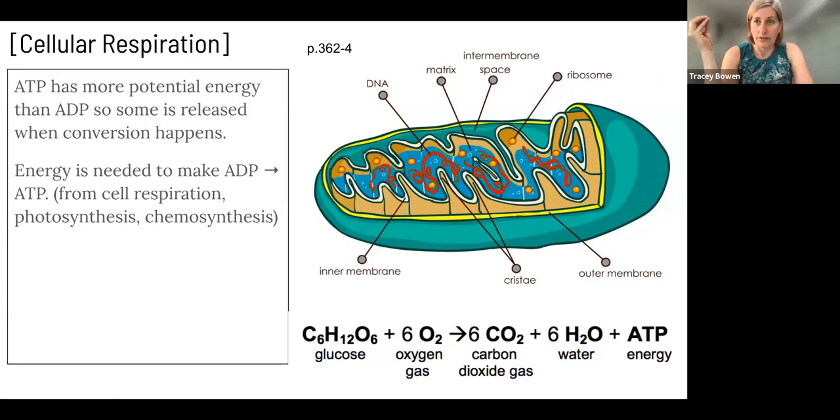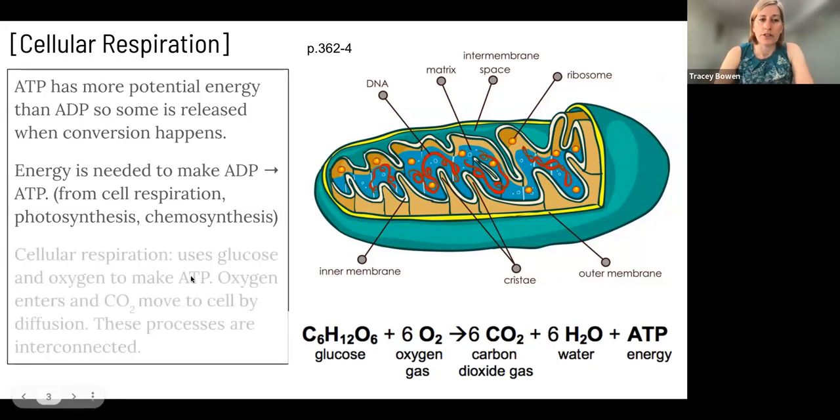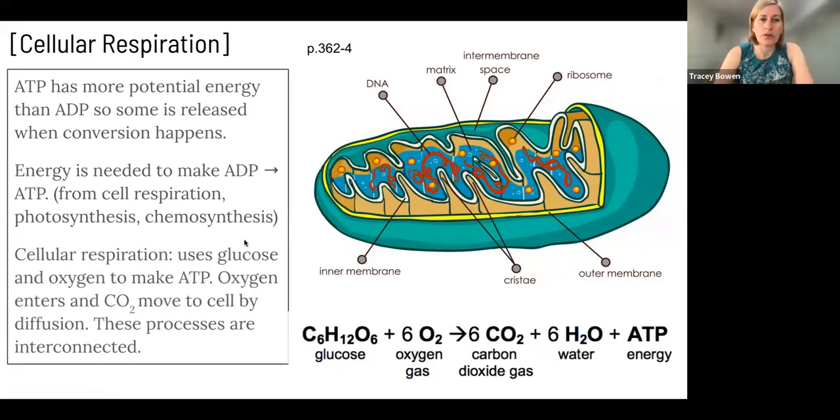Oxidation means pulling off that hydrogen ion. In the case of photosynthesis, they use water for that hydrogen ion. And in the case of chemosynthesis, which is right here, they're using sulfur compounds or chemical compounds for that hydrogen ion. So the overall process of cellular respiration uses glucose and oxygen to make ATP, water and carbon dioxide.